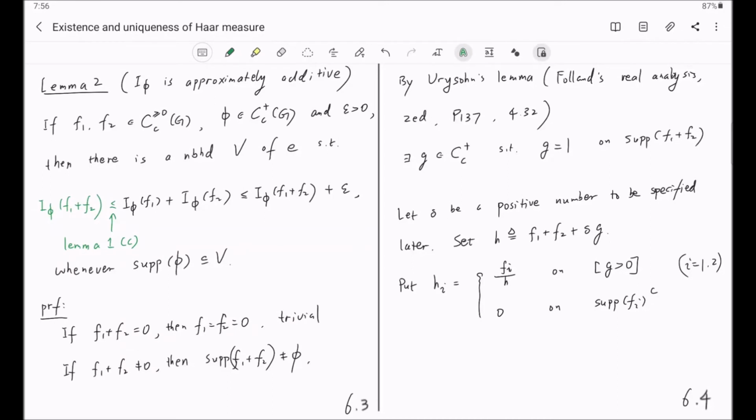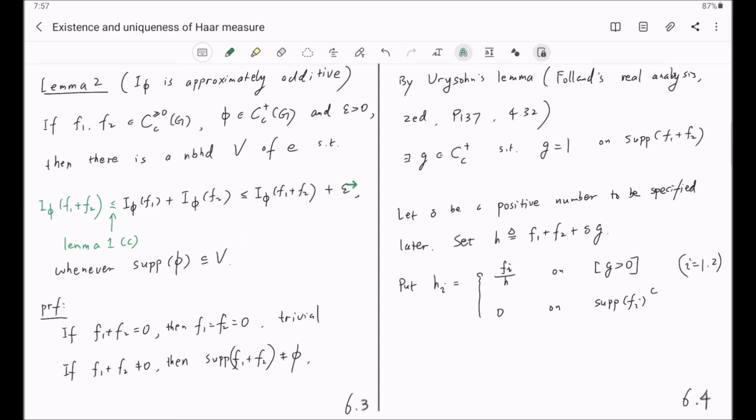Now we are ready to finish our proof of lemma 2. Remember, in our lemma 2, we want to prove that I sub phi of f1 plus f2 can be as close to the sum of those two things as we want.